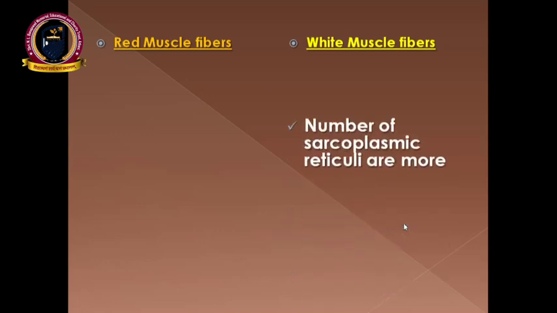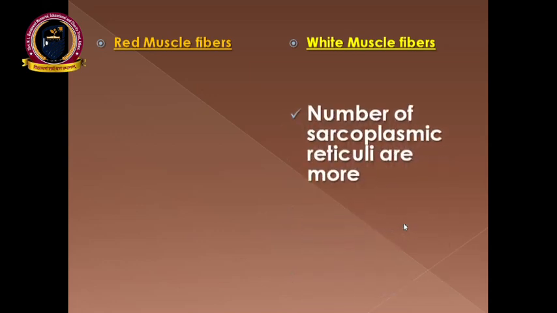The next, the white muscle fibers have a large number of sarcoplasmic reticuli. Questions have appeared in previous examinations in multiple choice type questions where this concept has been taken up, whether red muscles have more number of sarcoplasmic reticuli or white muscle fibers. So it is the white muscle fibers which have a large number of sarcoplasmic reticuli compared to red muscles.